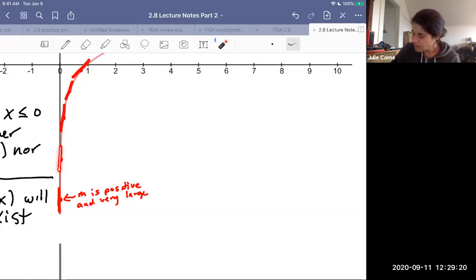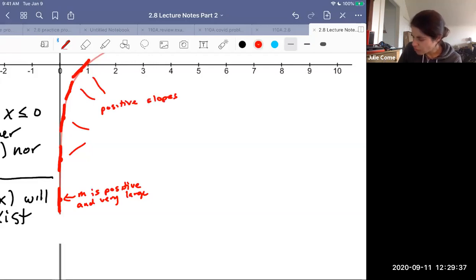Well, it certainly looks like we still have positive slopes, but they're becoming more gradual. So I'm going to note that for all of these here. So we still have positive slopes, but they're becoming more gradual, which means they, in value, are getting closer to 0.